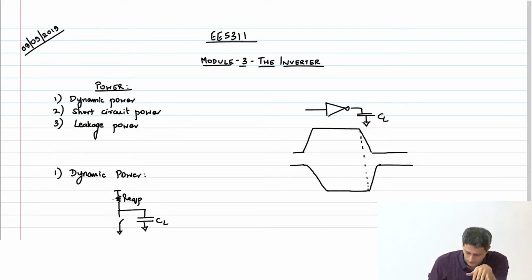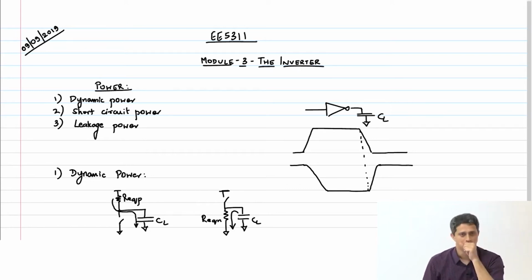Therefore the charging is going to happen where all the current from the supply will be used to charge the capacitor to VDD. And similarly, when we are talking of the discharging case, the PMOS will be cut off and the capacitor will get discharged through the NMOS transistor like this.